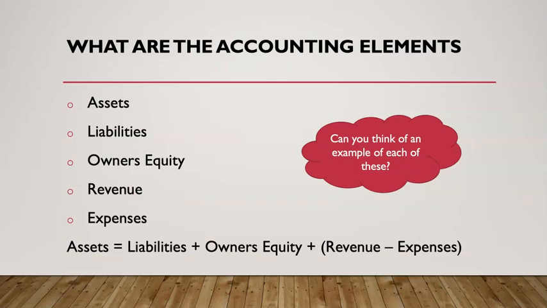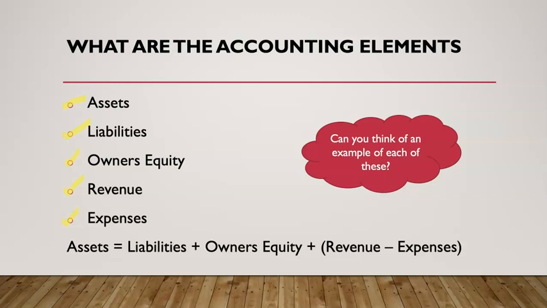So now let's come to our elements. Hopefully you came up with the 5 accounting elements, which are assets, liabilities, owner's equity, revenue, and expenses. These are the 5 categories of accounting, the foundations of reports, the categories that we place different aspects of business into.